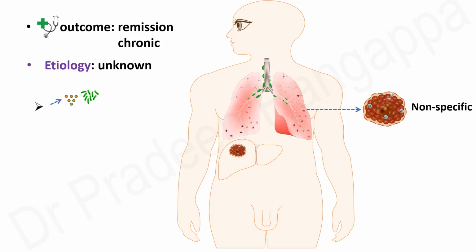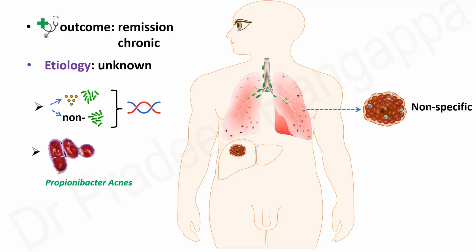Etiology is not known. There are infectious causes proposed, such as any viral or bacterial infection in a genetically susceptible host. Since it's an immune mediated disease, the host has to be genetically vulnerable. It can be due to an infectious or non-infectious agent.